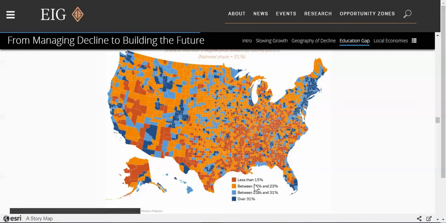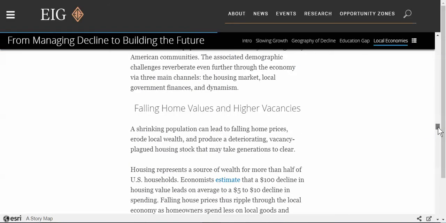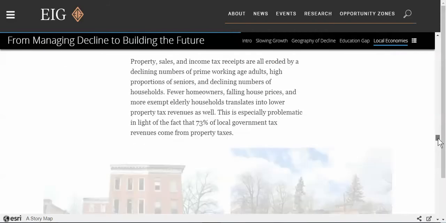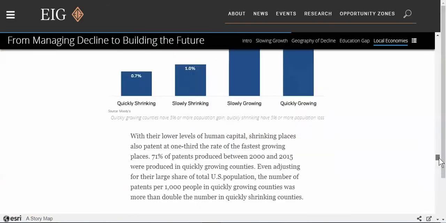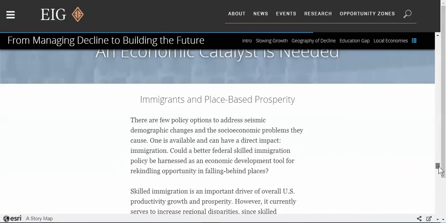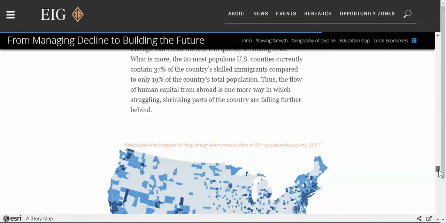And so, again, what we see here is counties that have over 31% bachelor's degrees, and the national share is 31%, and so then we're looking at areas that fall above that or below that, and so we can understand that. So again, when you're doing this assignment, please make sure that you look at the legends on the maps, and that when you read the graphs, and I'm going to scroll all the way down now through this, that you understand what is actually being presented.